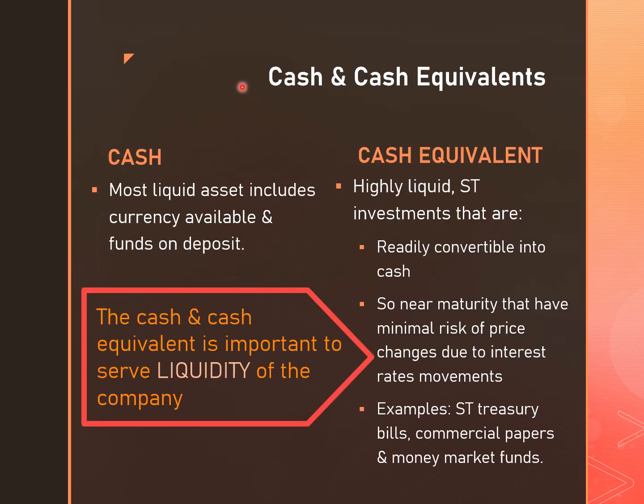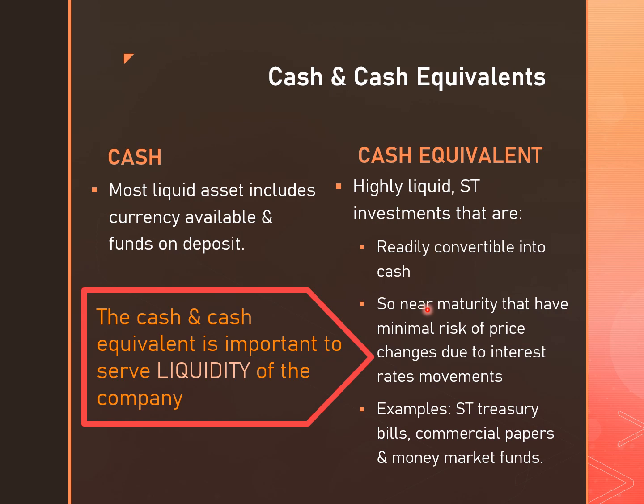This is cash and cash equivalent. So cash adalah the most liquid asset that the company have. So that includes the currency and also funds on deposit. And then untuk cash equivalent, it is highly liquid short-term investment that are readily convertible to cash. Maksudnya now it is not in term of cash, but it is readily convertible to cash.